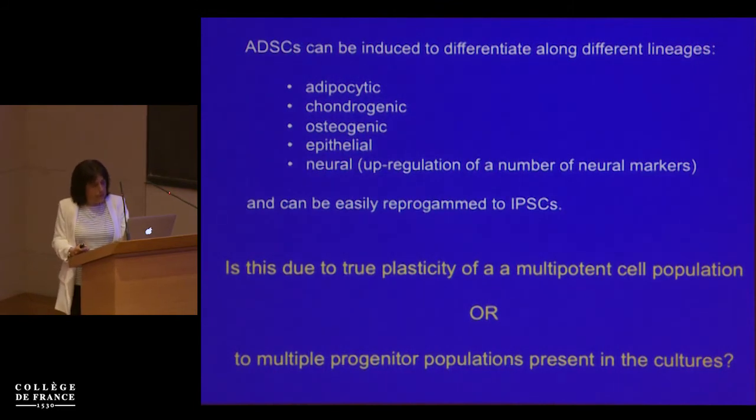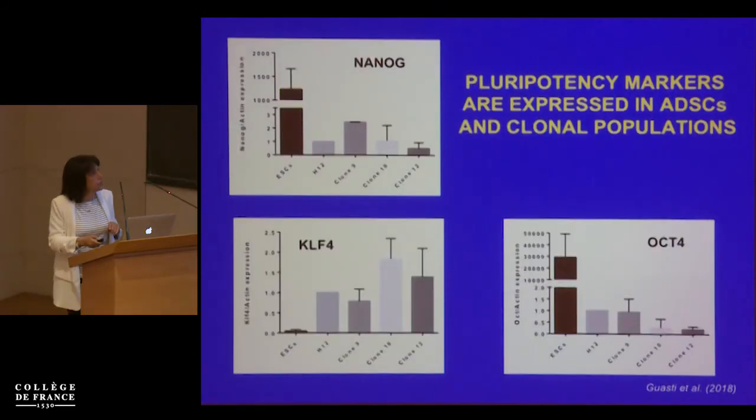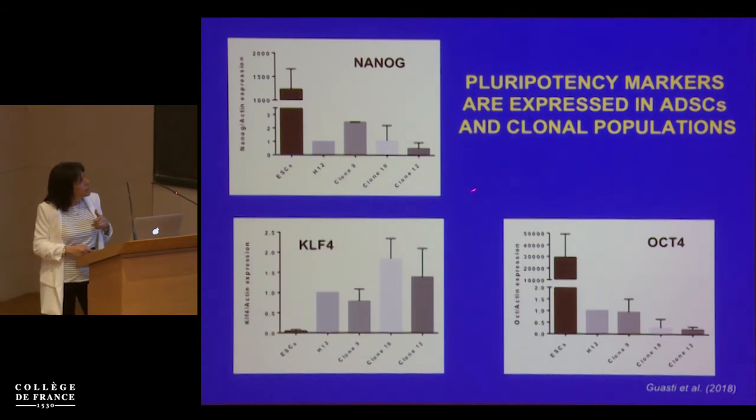So we went to clone these cells, and consistent with their easy reprogramming, we find that they express lower levels than normal embryonic stem cells of pluripotent markers like NANOG, OCT4, and KLF4, but they express quite a lot. Actually, in the case of KLF4, it's quite high, but that is a marker also of mesenchymal stem cells.